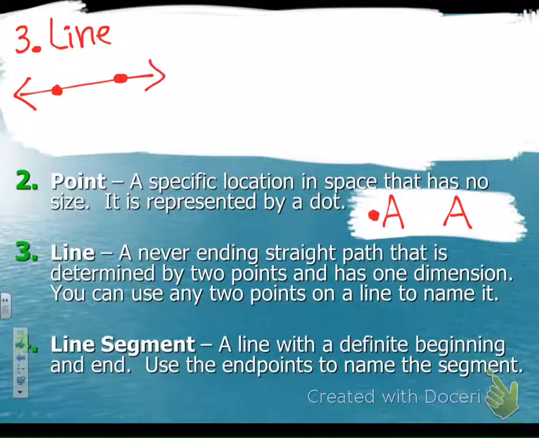Not always, but usually we'll see at least 2 points on our lines. For this one, I'll call them A and B. Sometimes you might also see a lowercase italicized letter next to the line, like a little n. So there's our diagram for a line.